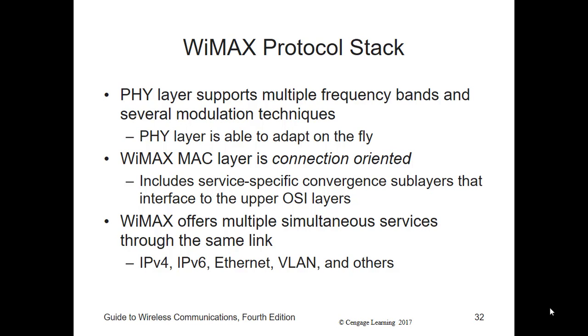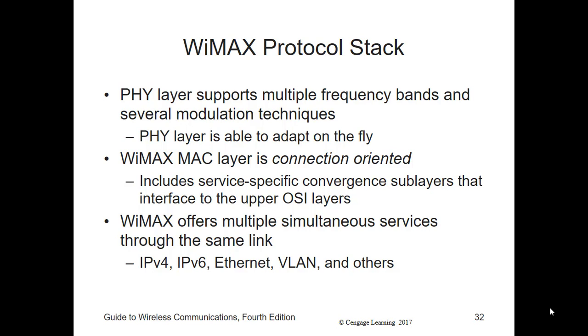Now, unlike Ethernet, the MAC layer for WiMAX is connection-oriented and includes service-specific convergence sublayers that interface to the upper OSI layers. Now remember that in the OSI protocol model, only the transport layer is connection-oriented.